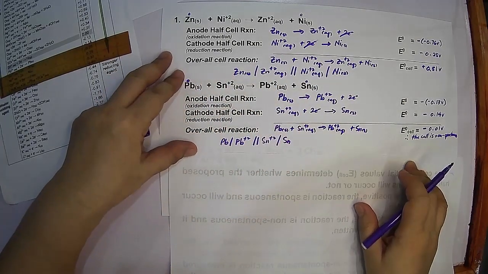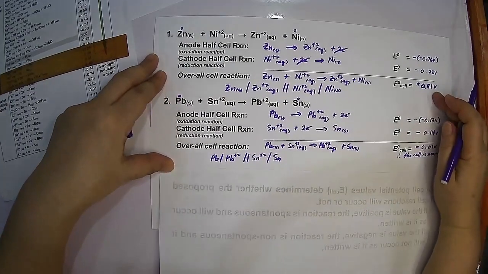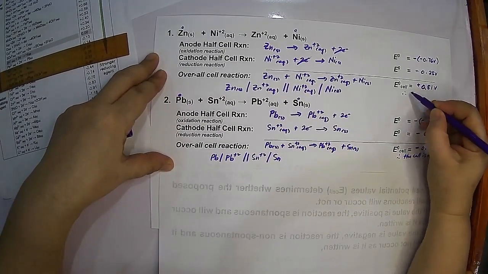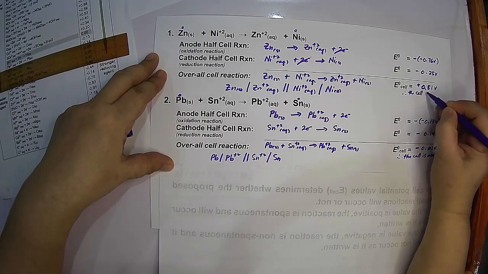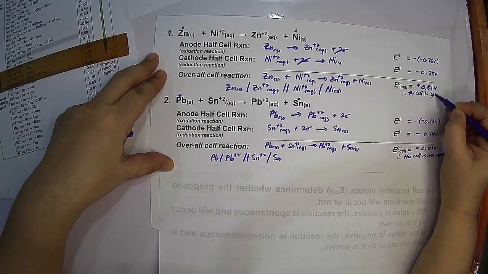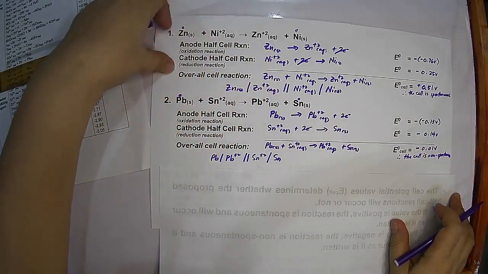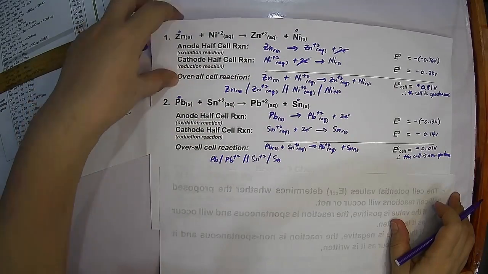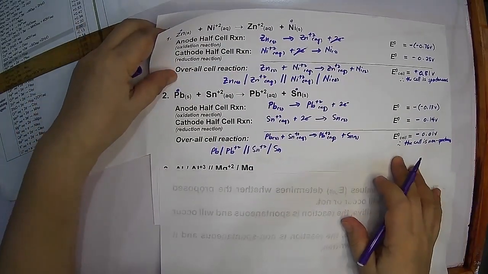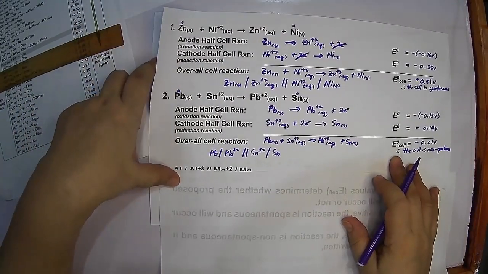Okay. In the first example, we have a positive. The cell is spontaneous, so the reaction will take place as is. But in this case, there will be no potential recorded.